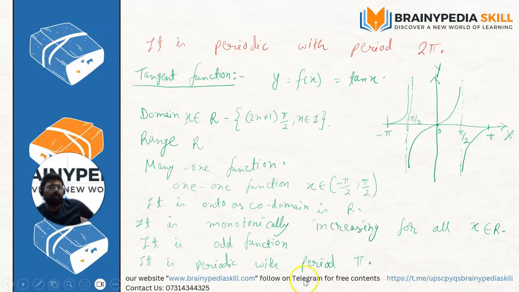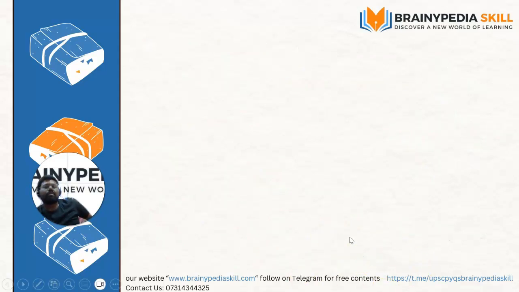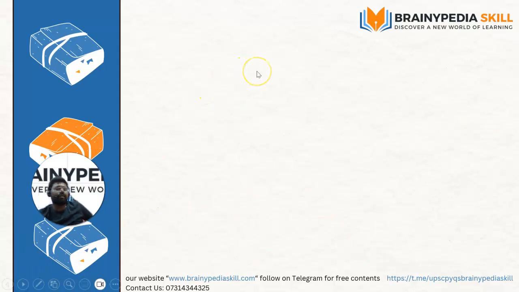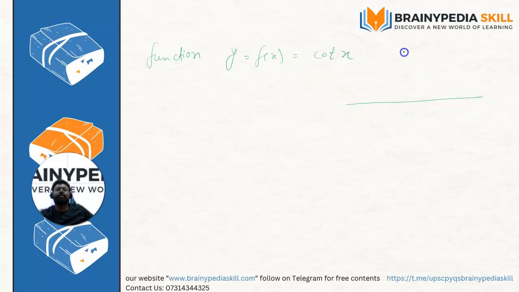Okay, in the same manner we are going to learn about cotangent part as well. Cotangent, that means function y equals f of x equals cot x. So let's draw the graph of this one as well.